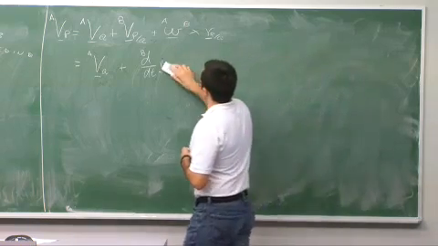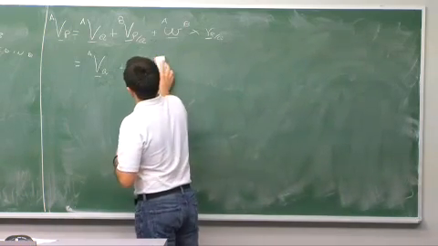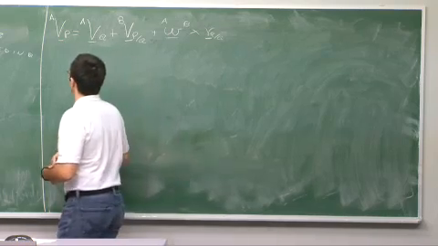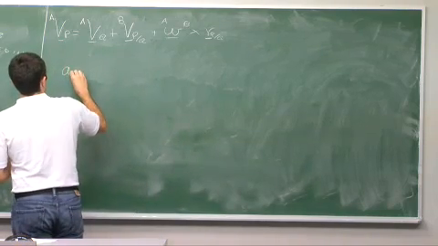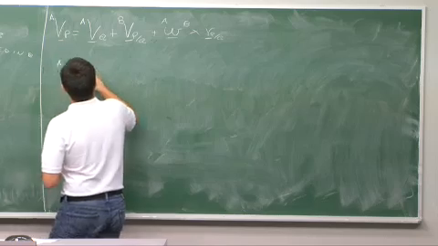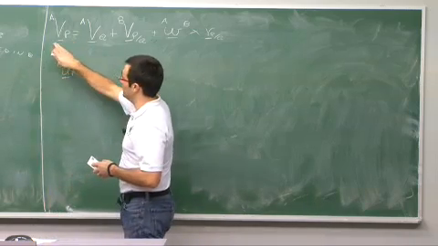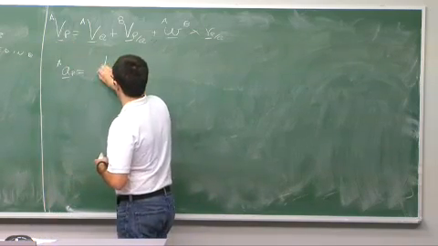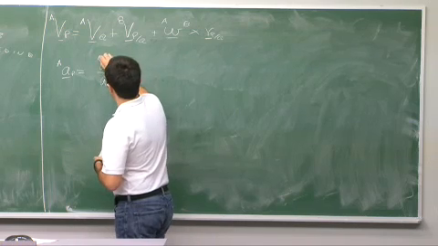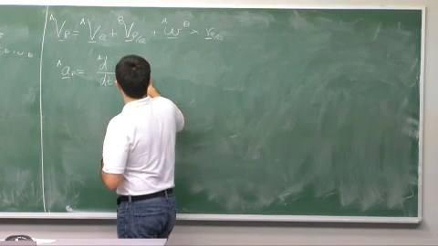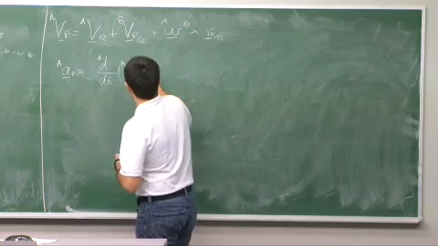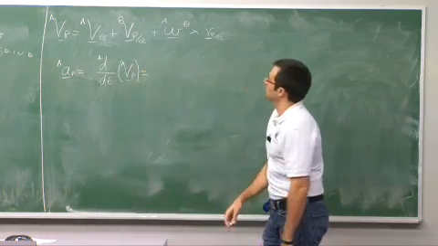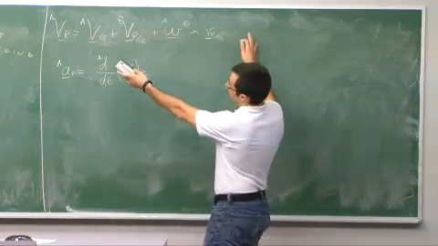Okay, so this was velocity, acceleration of P in A, d dt in A of this vector, right? d dt in A of Vp in A is d dt of all this.